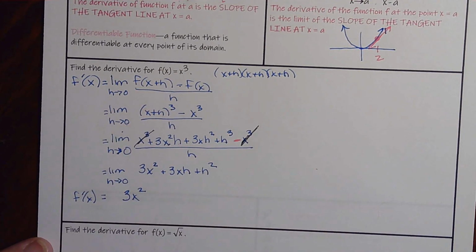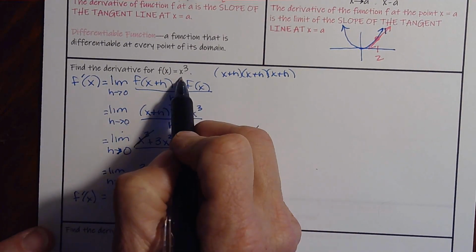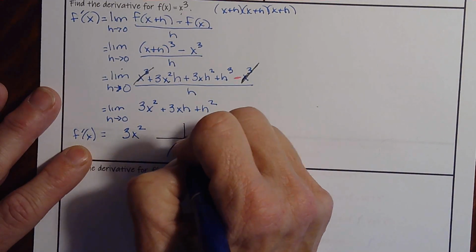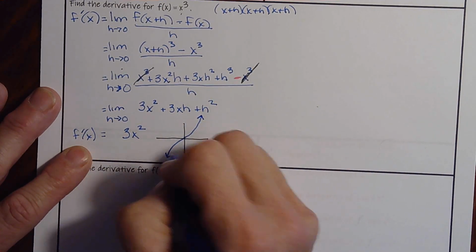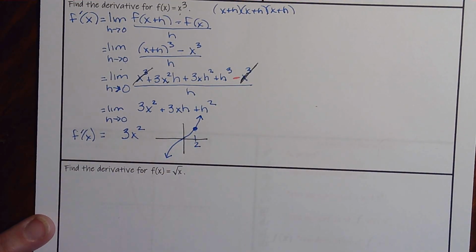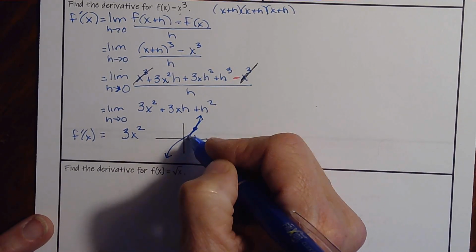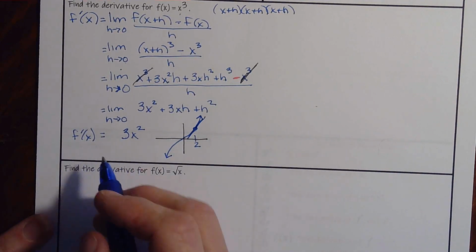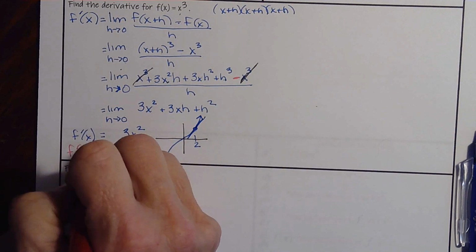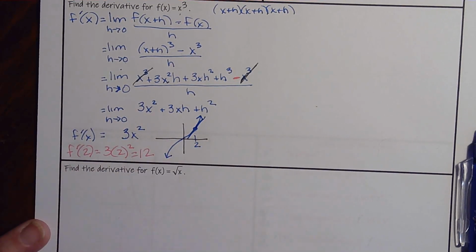So putting it in perspective geometrically, this is a cubic function, and the graph of a cubic function looks like this. If I want to find the slope of a tangent line, let's say at 2, all I have to do is find f prime of 2, and that will give me 12.